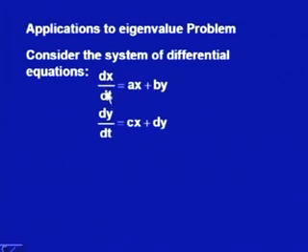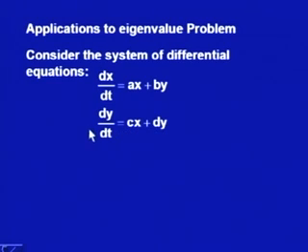So, we say dx by dt is equal to ax plus by, a and b being constants, and the second equation also relates the derivative with respect to y with the variables x and y. So, dy by dt is equal to cx plus dy.